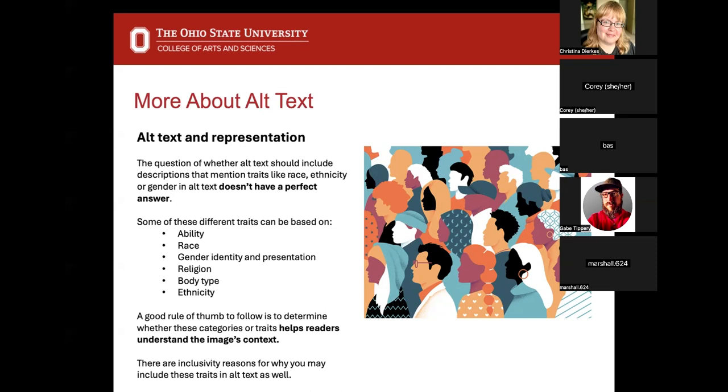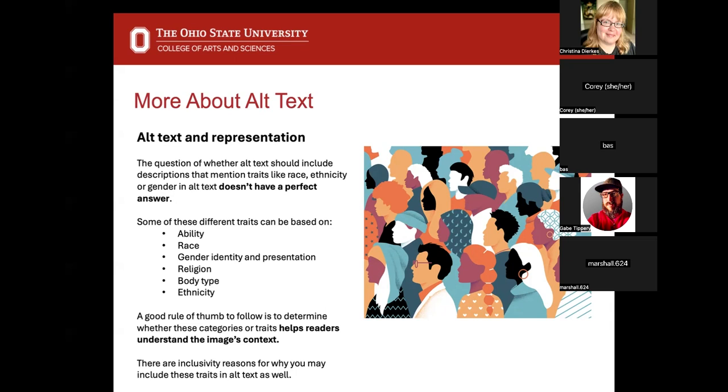So for example, if you have just a picture of a bunch of students on the oval going about their day, it probably would not make any sense to describe the facial features, body types, and race of everyone in the image.